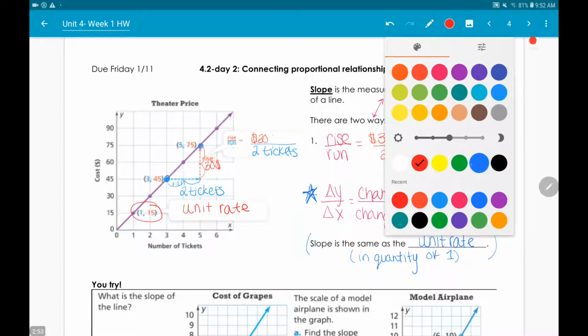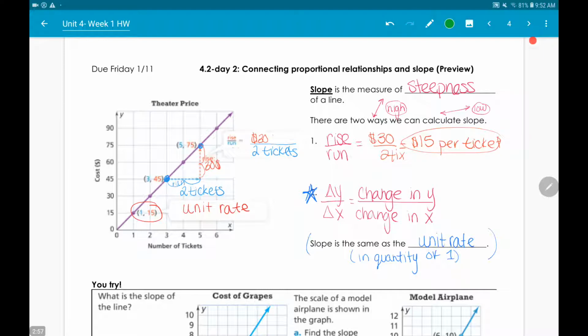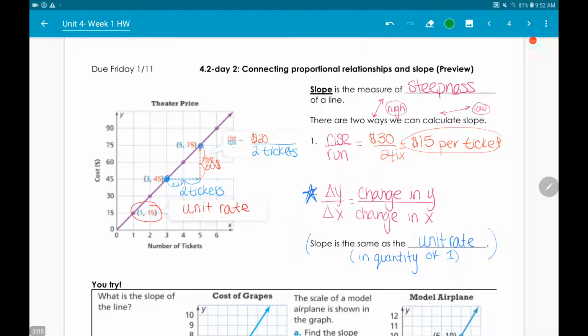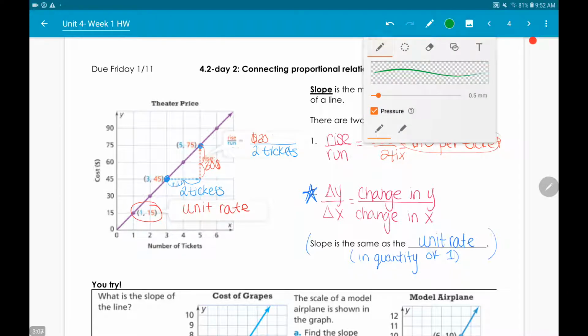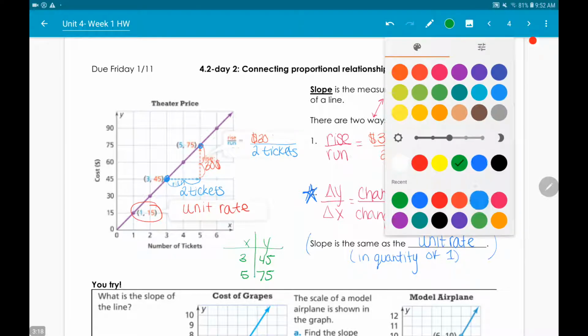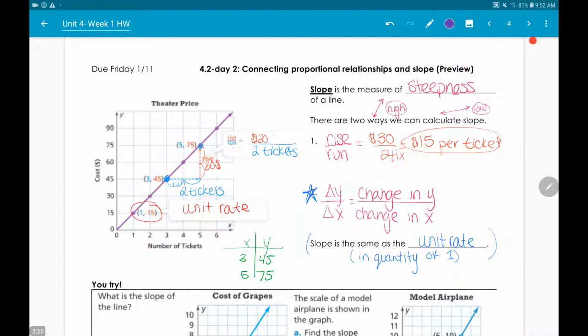Now, change in y and change in x is when it's not so obvious what I'm counting by, right? So if I make this a table, actually that's not going to be enough space, so let me do this down here. All right, so if I take these points and I put it in a table, and I have 3, 45, and 5, 75, and say I can't figure out how much it's jumping by because I can't do mental math in my head that well.